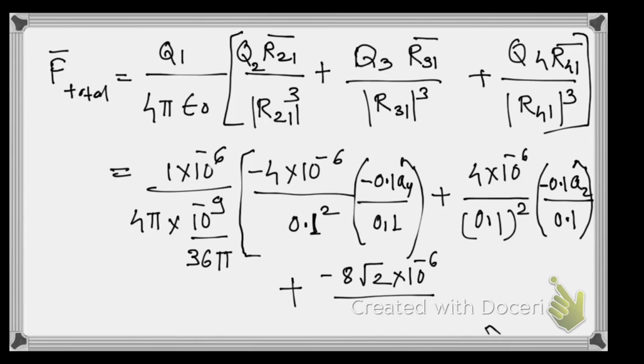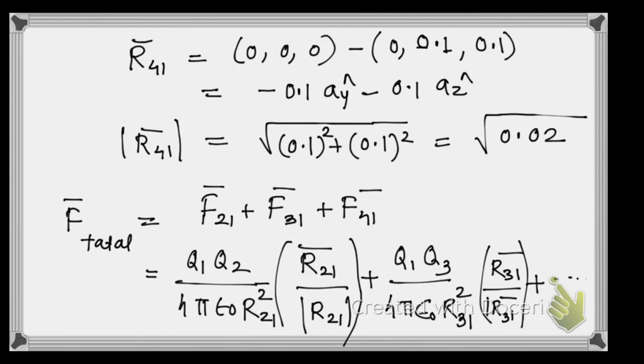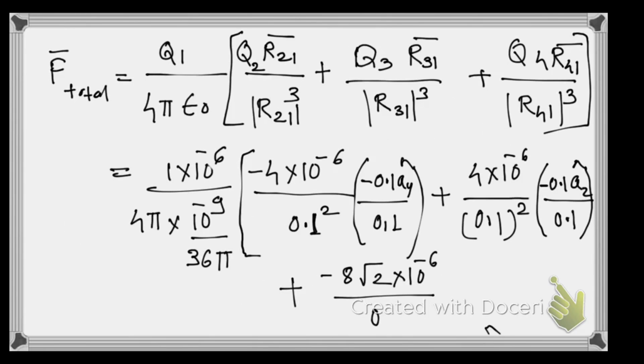Plus Q4 is minus 8 root 2 into 10 raised to minus 6 divided by R41. What is magnitude of R41? It is 0.02, so square root of 0.02, right?